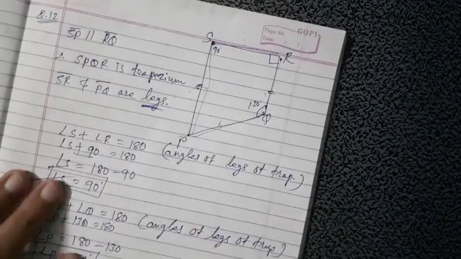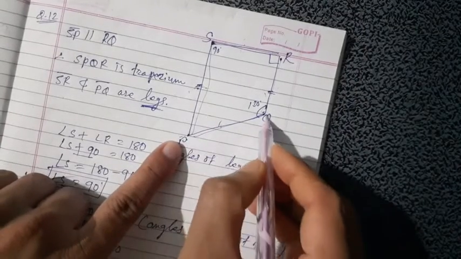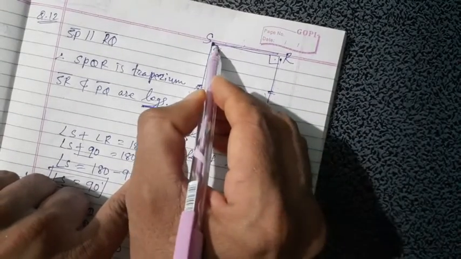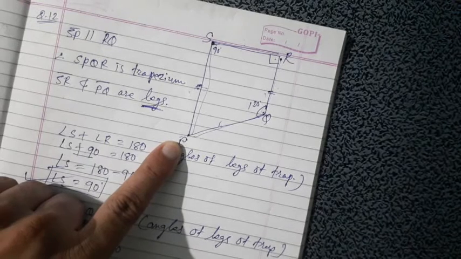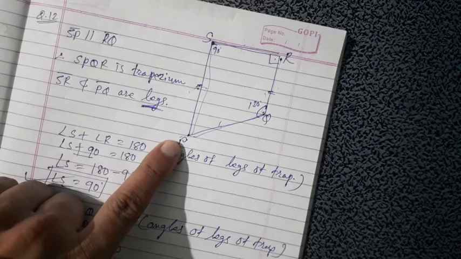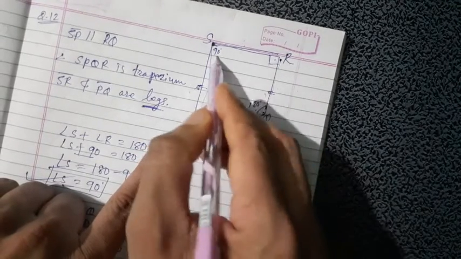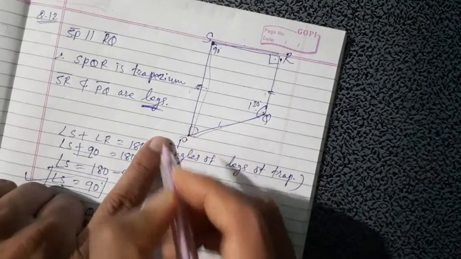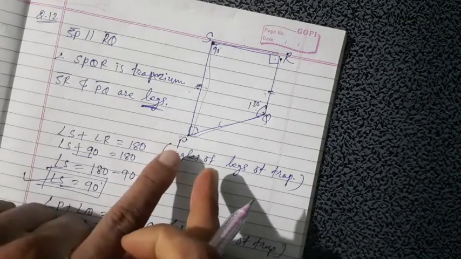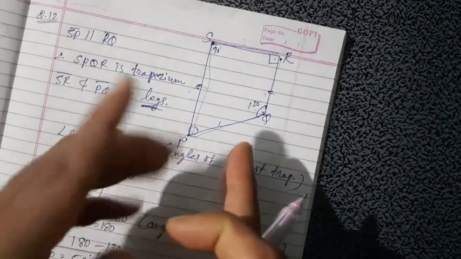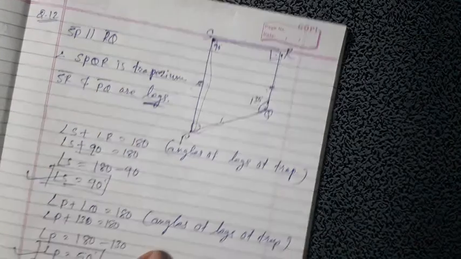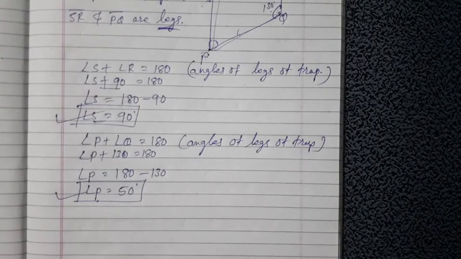The second method is angle P plus Q plus R plus S equals 360, because they are the angles of a quadrilateral, and the total sum of the angles of a quadrilateral equals 360. Q equals 130, S and R are 90 and 90, and here is P. Use that formula and you can find P. So there are two methods to find P.